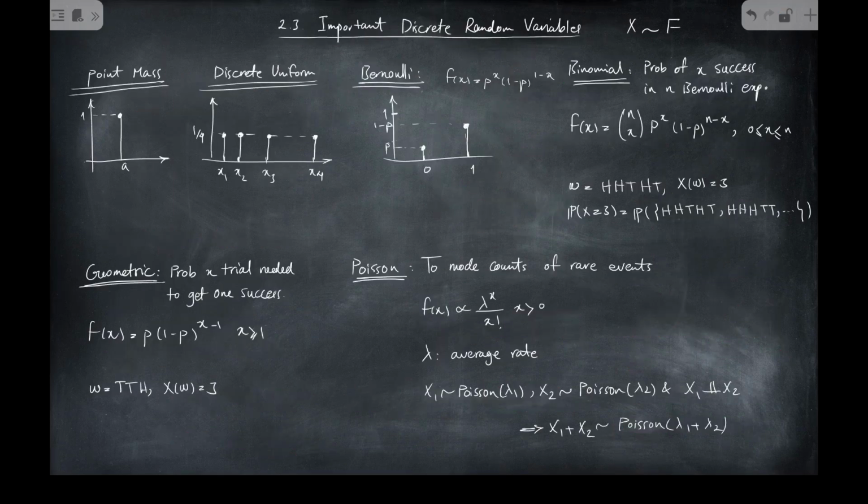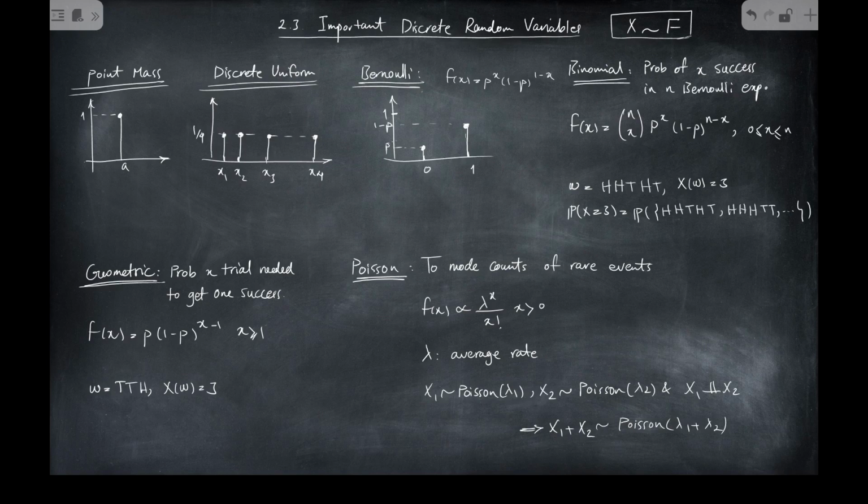Moving on to the next part, we have some important discrete random variables. I've put together all of them in a single page, and I'm going to explain them one by one. This is a general way of writing the fact that the distribution of x is f, and f can be any of these distributions, and it's going to have some parameters.